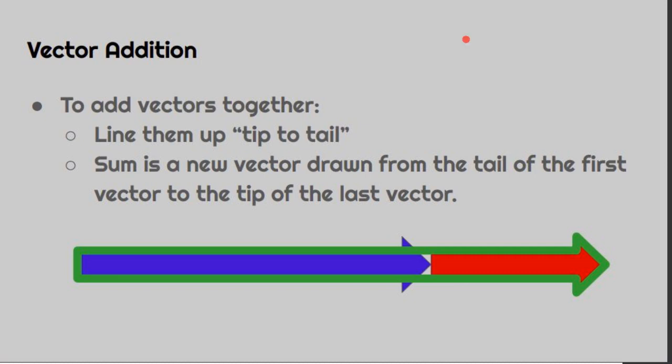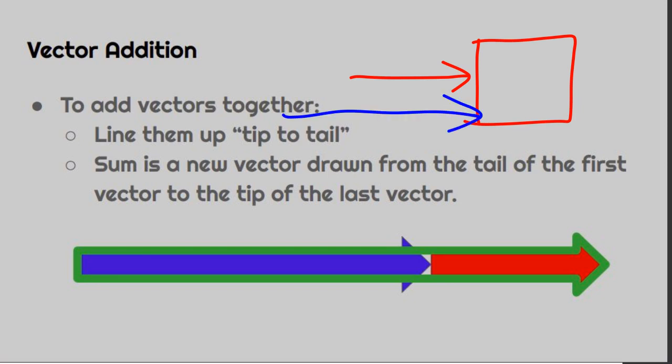We add up vectors, so here's what we would think about. If we have a red vector and a blue vector, 2 people pushing on the block, and let's say we're pushing and it's on rough ground, certainly both together, even if somebody's pushing harder, is going to make it easier to push.